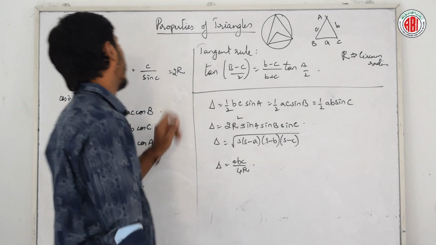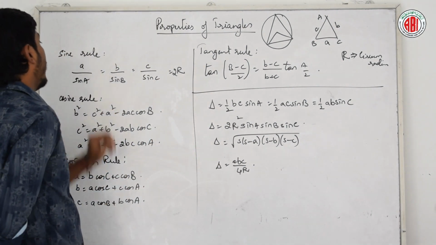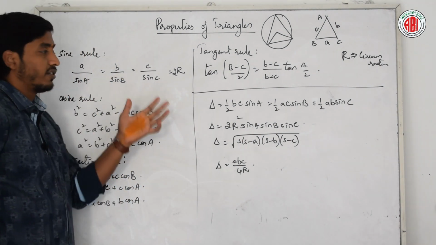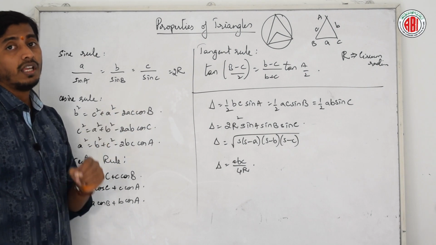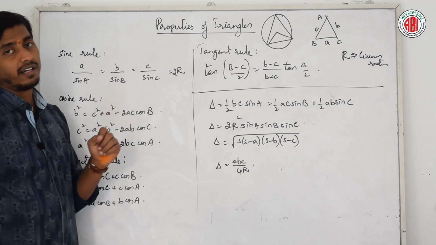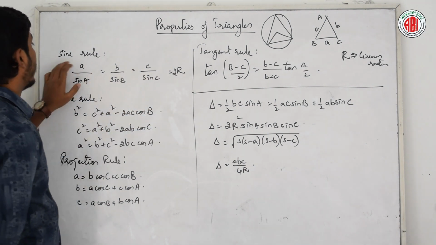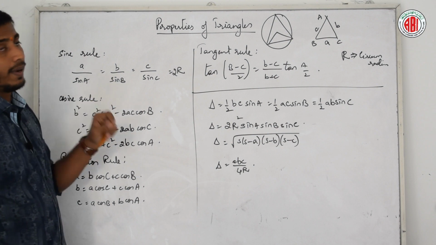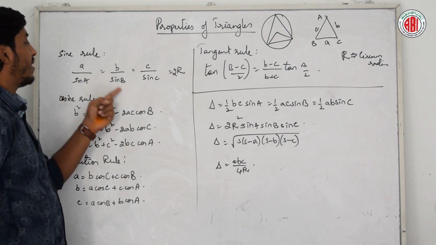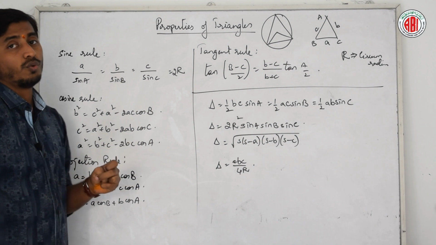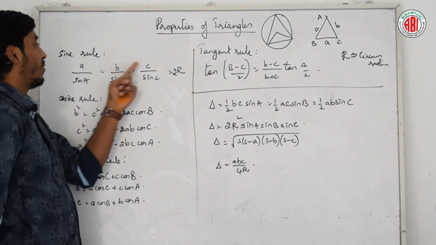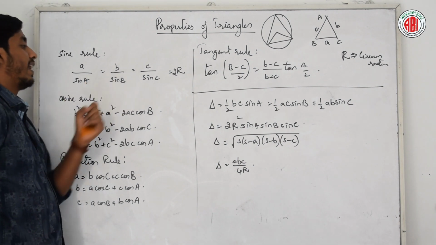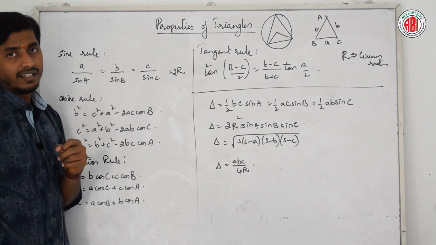Clear? Now see here, the first rule, that is the sine rule. By the name itself, we can identify that whatever we are going to discuss now is going to include the sine variable, isn't it? The sine rule gives the relationship between angles and the sides of a triangle: a by sin A is equal to b by sin B is equal to c by sin C, that is equal to 2R, where small a, small b, small c are the sides of a triangle and angles A, B and C are angles of the triangle.